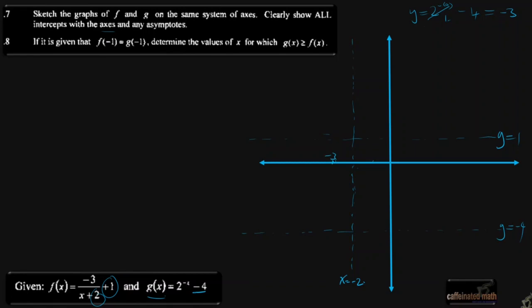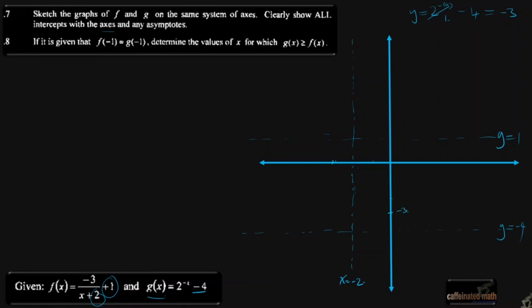And then we need the intercepts for it. Well, for that we have a y-intercept, which is equal to -3, which will sit comfortably over there. That's -3.